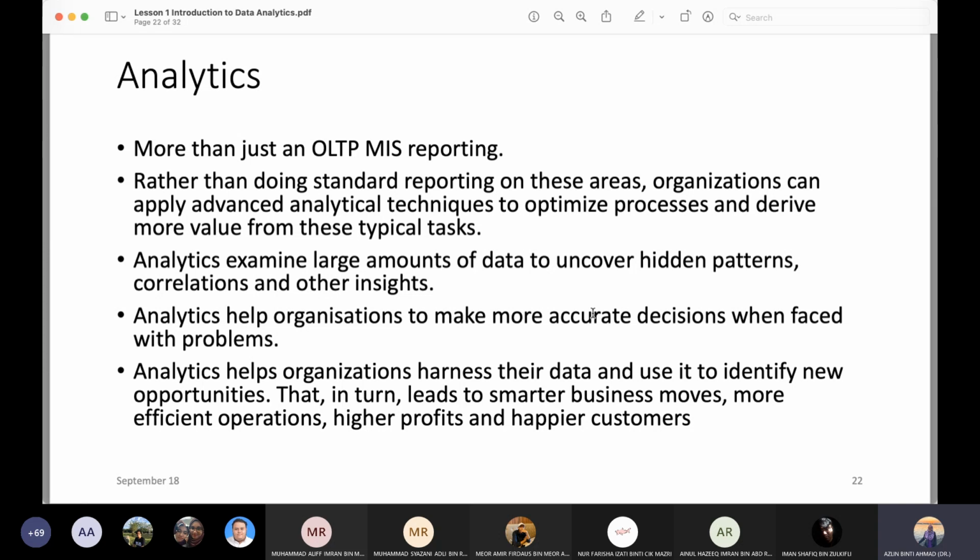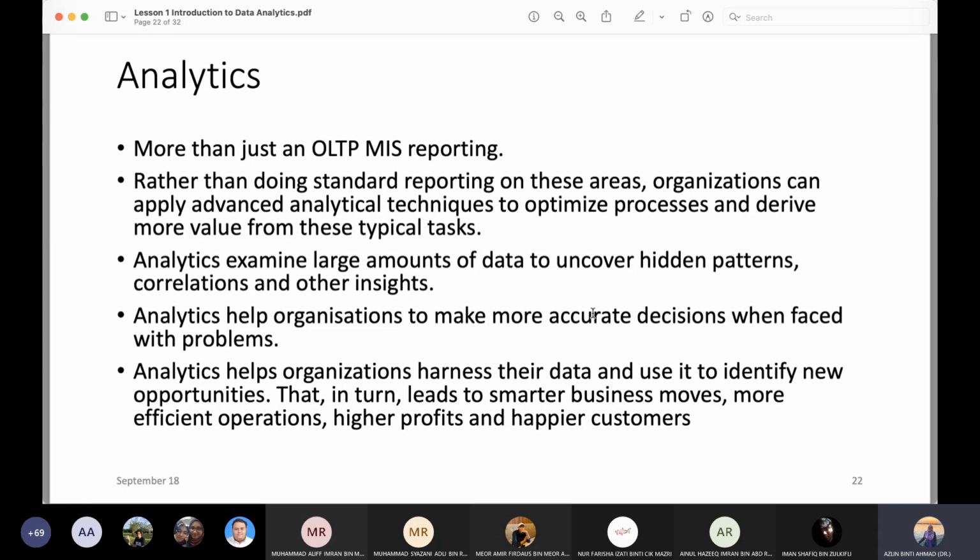So rather than doing standard reporting on these areas, organizations can apply advanced analytic techniques to optimize processes and derive more value from these typical tasks. A normal report is like what is on paper or on PowerPoint slides. But for analytics, you need to have an interactive dashboard where you can click and drill down.